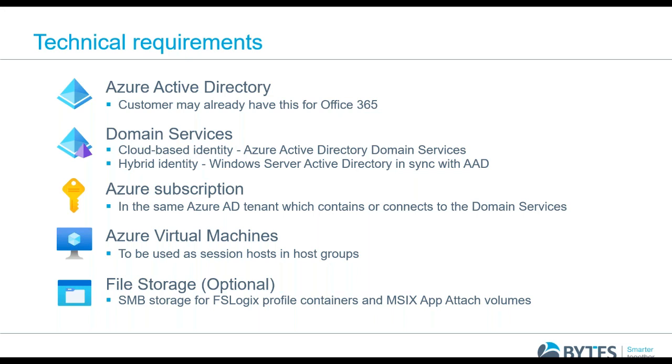And there's two options for that. There's either using Azure Active Directory domain services, or if the customer already has something like Windows Server Active Directory, possibly already in sync with AAD, then they can either use domain controllers that are already on-prem, or you can create another domain controller in the cloud for that service.